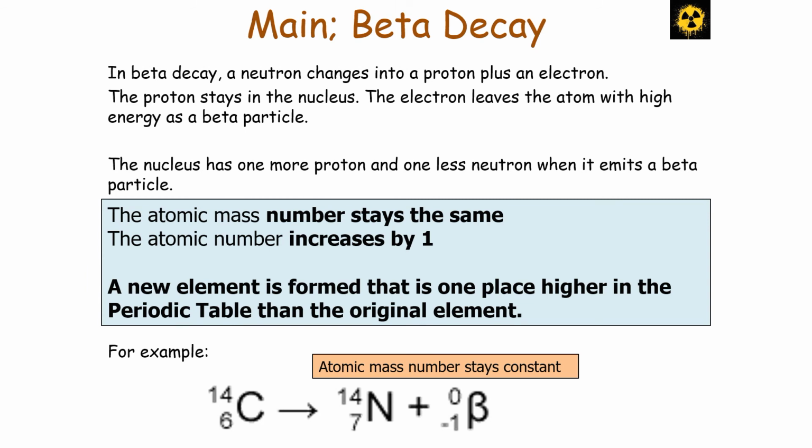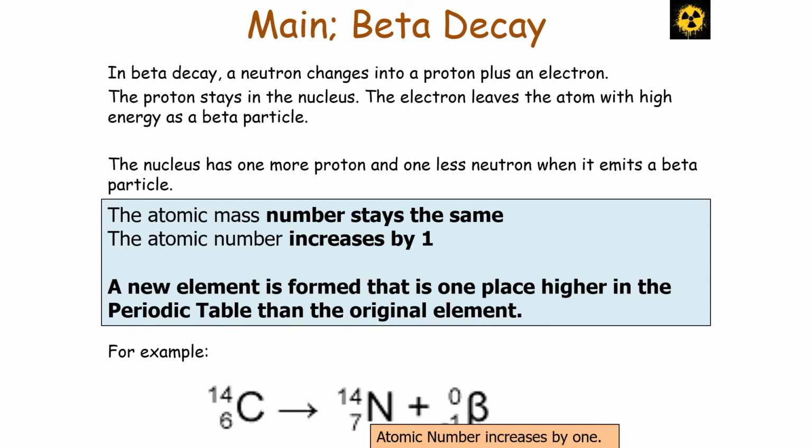So in beta decay, a neutron changes into a proton plus an electron. The proton stays in the nucleus whilst the electron leaves the atom with high energy as a beta particle. Now the nucleus has 1 more proton and 1 less neutron when it emits a beta particle, so the atomic mass stays the same, the atomic number increases by 1, so a new element is formed that is 1 place higher in the periodic table than the original element.